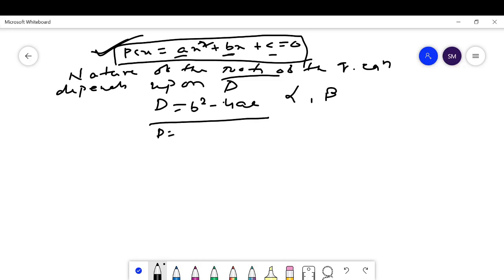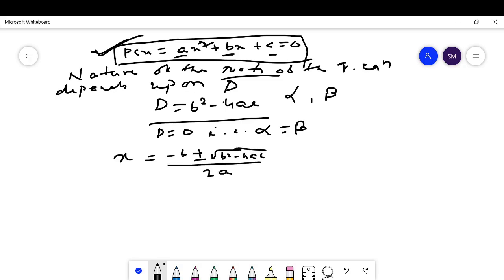When D is equal to 0, that implies alpha is equal to beta. Because you recall the Sridharacharya formula, x is equal to minus b plus or minus square root of b square minus 4ac, upon 2a.